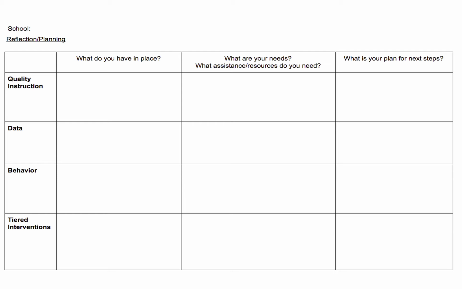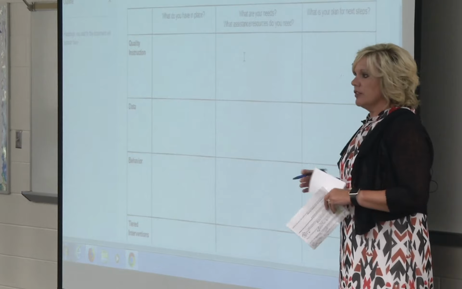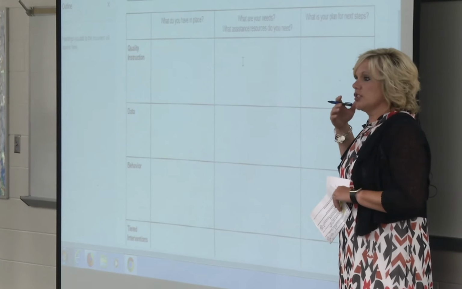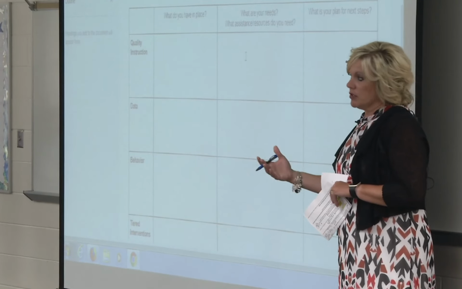So again, this is through the lens of quality instruction. Capture your thoughts here. We'll give you 5 minutes, 6 minutes. As you're thinking through each one of these pillars, quality instruction, data, behavior, tiered interventions, I would also process and build into your conversation, what have we already done in terms of working with our staff on this?